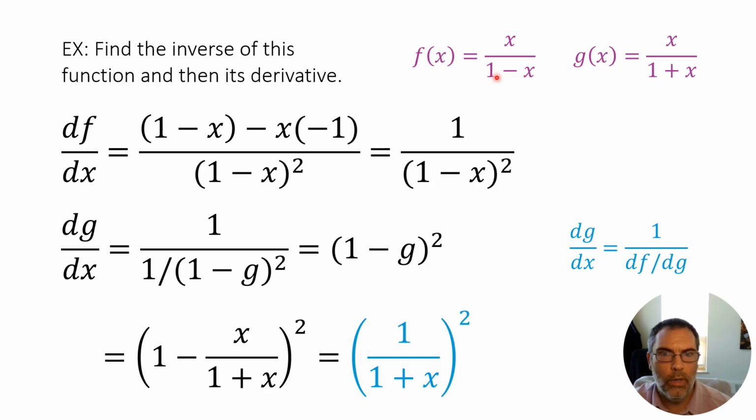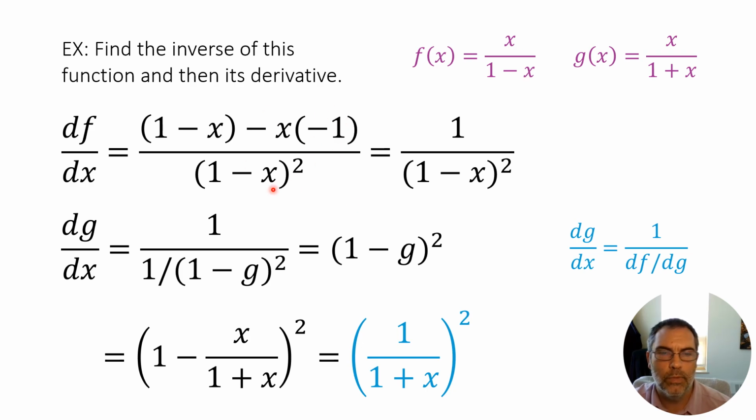So we have 1 minus x in the denominator. So we have the bottom times the derivative of the top. The derivative of the top is just 1, so 1 minus x times 1. And then minus the top times the derivative of the bottom. So x, now the derivative of the bottom, this gives you 0, this gives you a minus 1, so you just have minus 1.